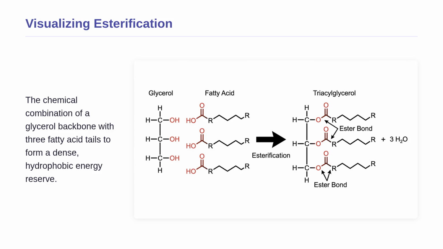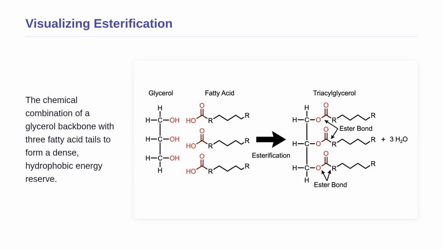Let us visually reinforce what we have just learned and proven. Here you are seeing the complete chemical formation of a triacylglycerol. On the left, notice the vertical glycerol molecule with its 3 hydroxyl groups highlighted in red. Approaching it are 3 long fatty acid chains with their reactive carboxyl groups also highlighted.